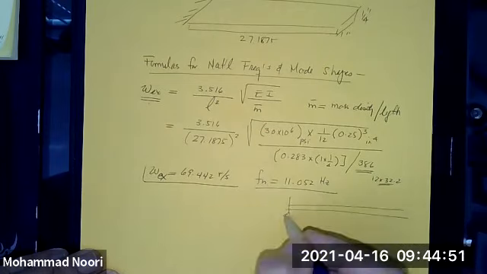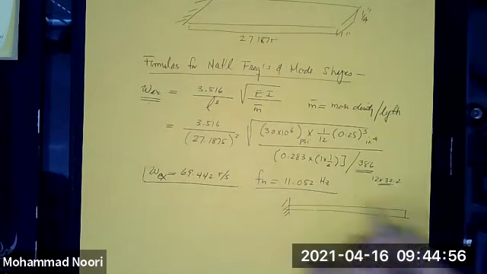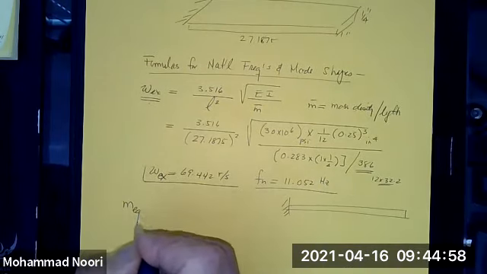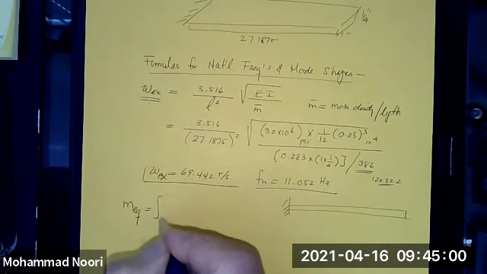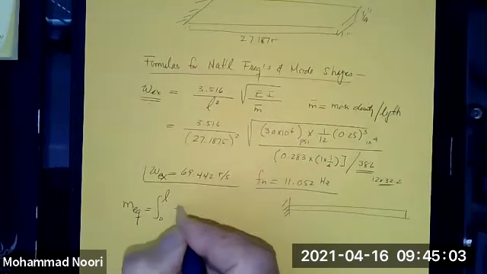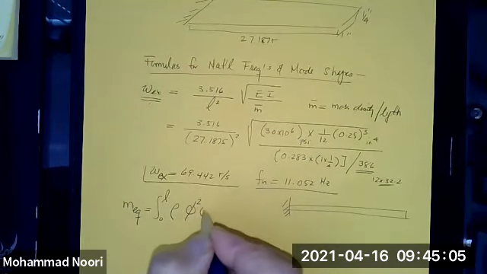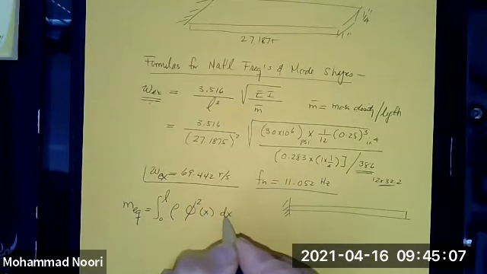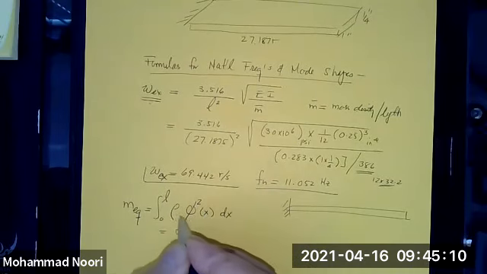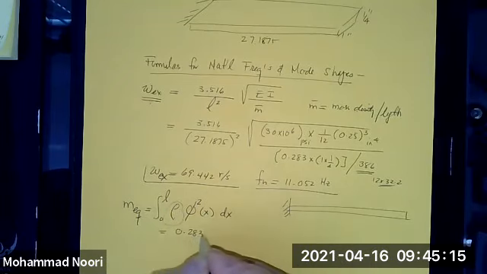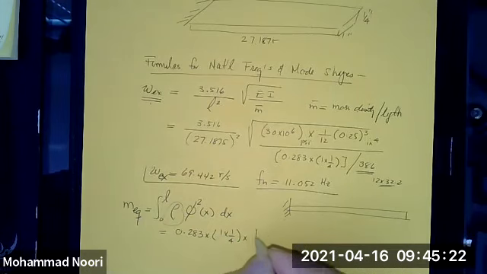So you have just a cantilever beam, no lumped masses, no lumped springs, just a simple beam. The mass equivalent would be simply the integral from 0 to L of rho phi squared of x dx. Rho is constant, so take it out. It would be 0.283 times area, the mass density per area, divided by 386.